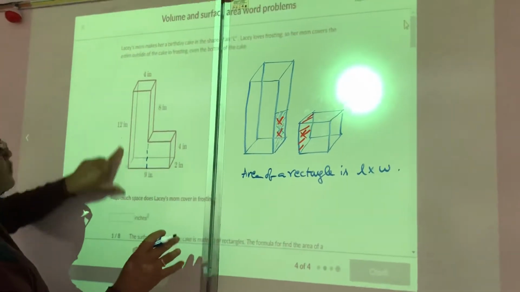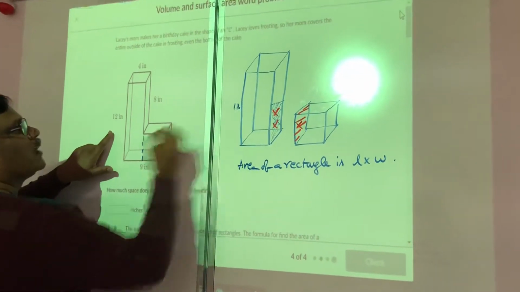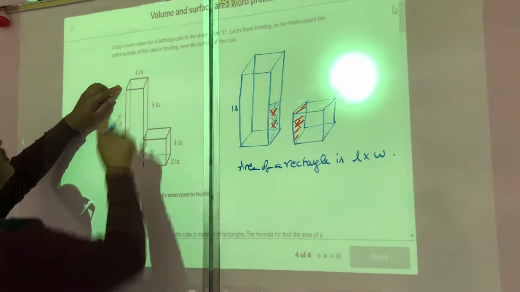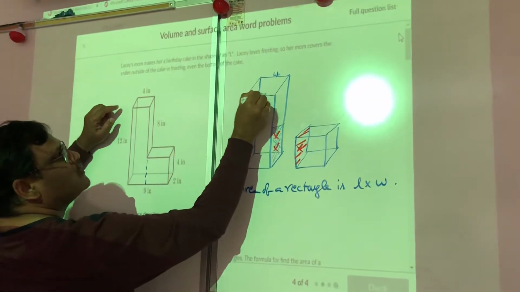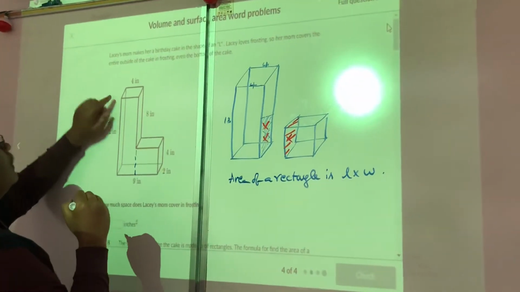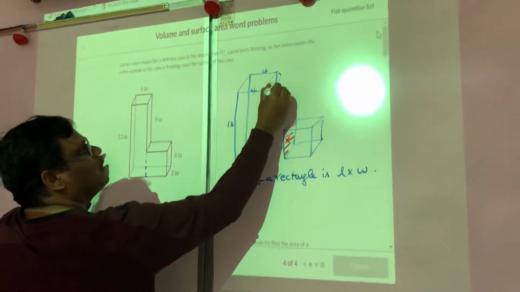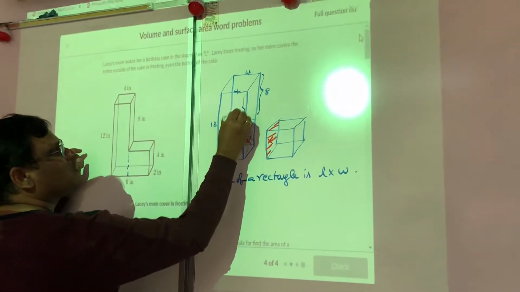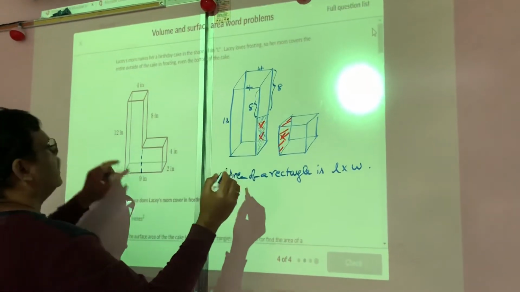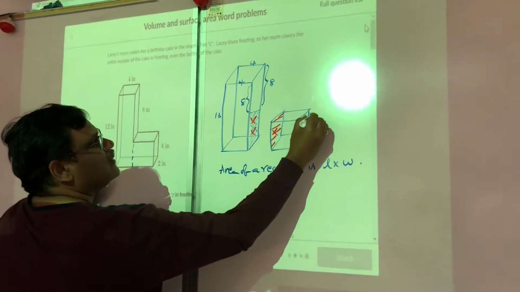So look at here. This whole length is 12, so I'm marking this as 12. Then this was 4 inches, this was 4 inches, so I'm going to mark this as 4. So this has 4 too. And then this whole thing from here to here is 8 inches. It's the same thing with this one too, 8 inches. And then they mark this as 4 inches.